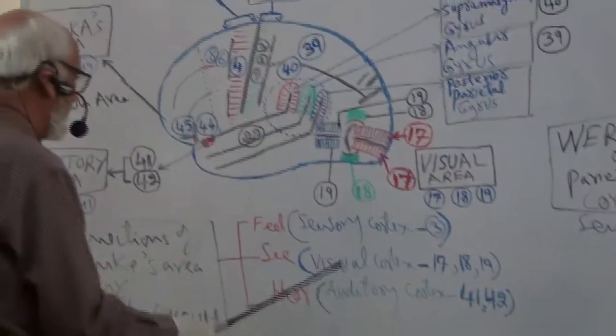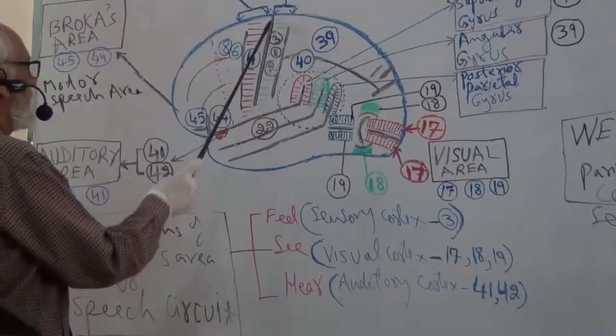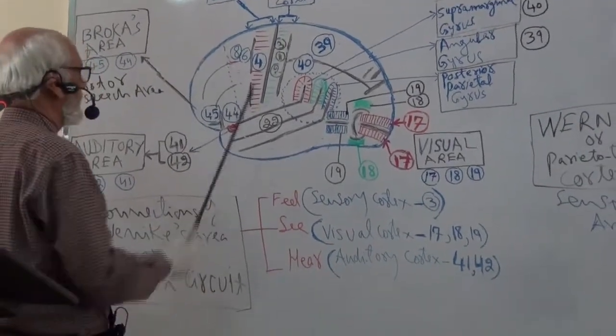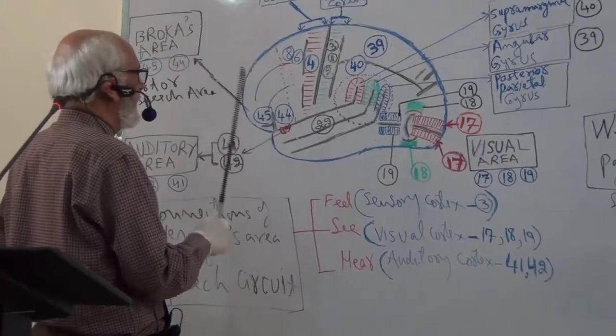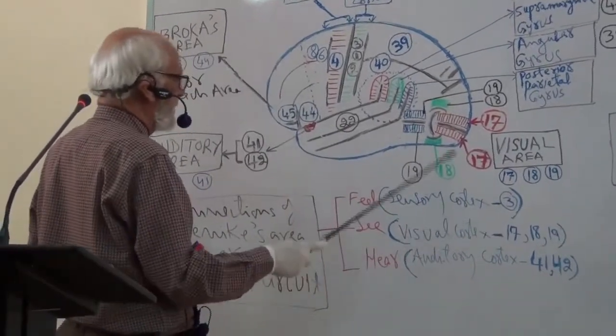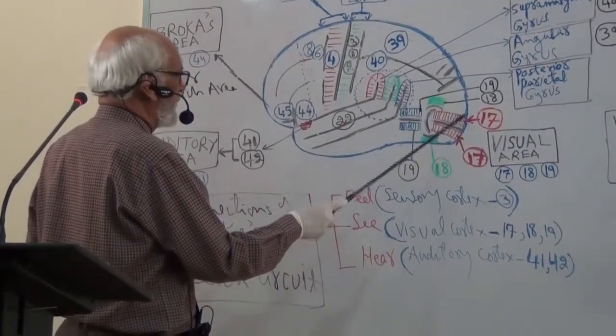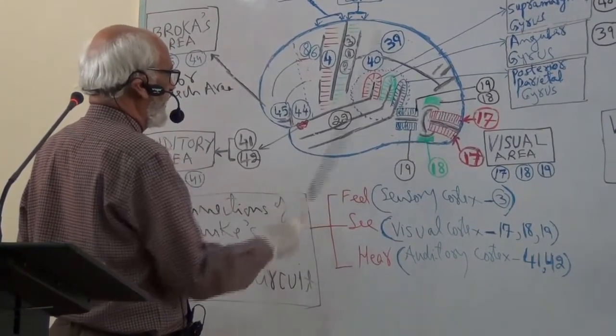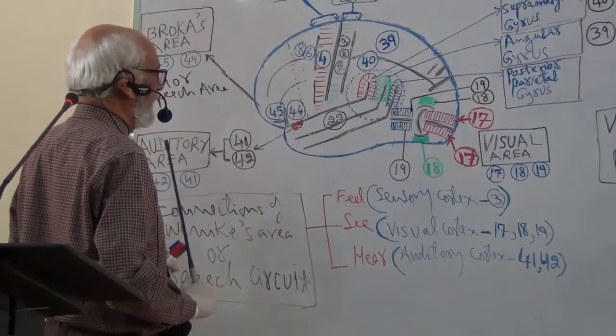So, during speech, you feel by the sensory cortex, especially Brodmann area number 3, postcentral. For seeing, you use area number 17, interpreted by areas 18 and 19 in the occipital lobe.